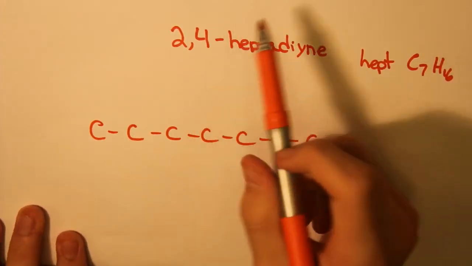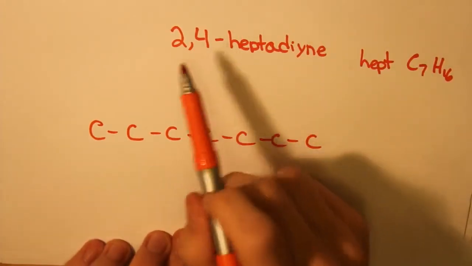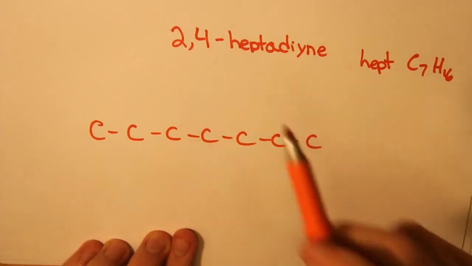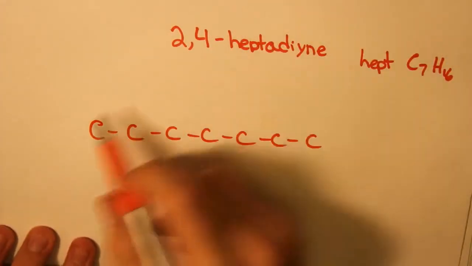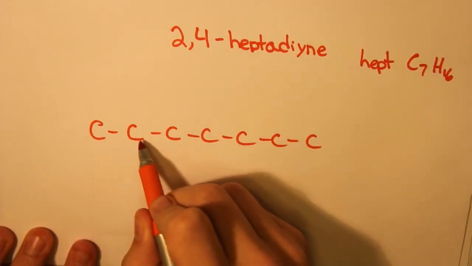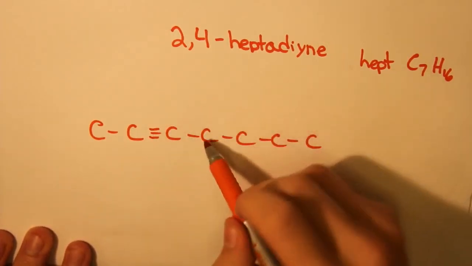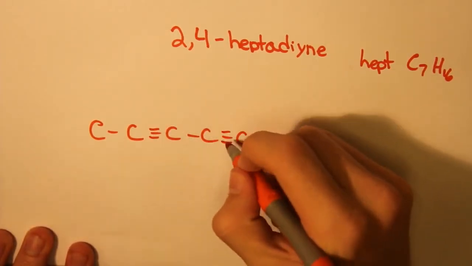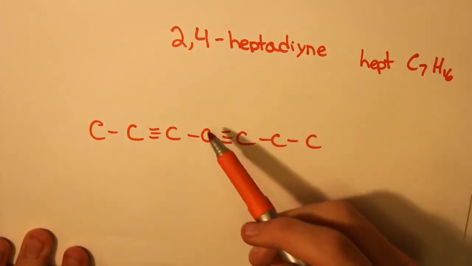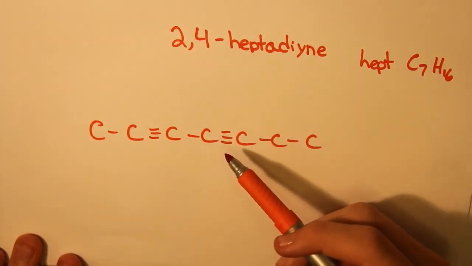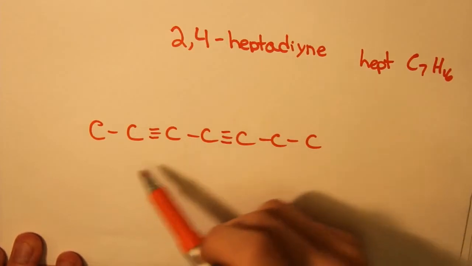And now we'll look at this. This says that there will be a triple bond between the 2 and the 4. So, to start it off, 1, 2, okay, so it's going to be in here. There's 1, and the second one will be with the 4. So there. So we have our triple bonds down.